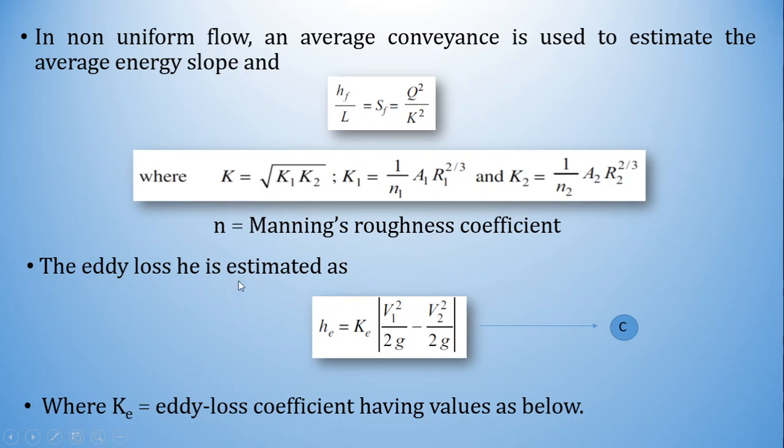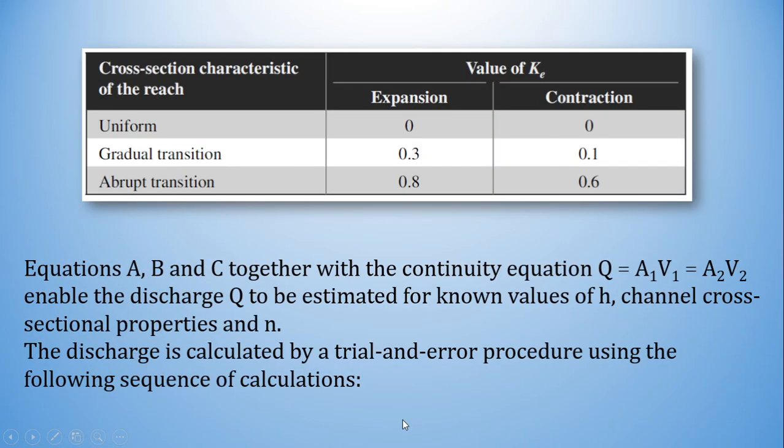The eddy loss H suffix E can be estimated as Ke into V1 square upon 2G minus V2 square upon 2G, where K suffix E is the eddy loss coefficient having values as below. Eddy loss coefficient generally depends upon the cross-sectional characteristics of the reach.